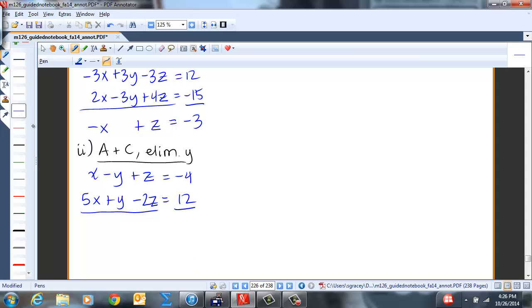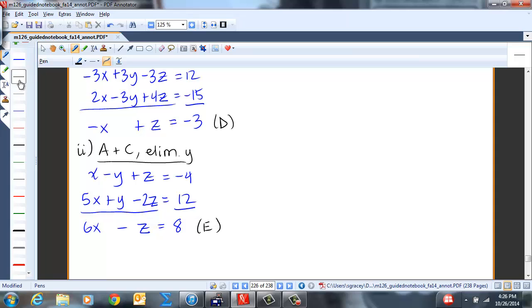So adding, we'll have 6x minus z is equal to 8. And so let's name these new equations D and E, because see, now we have a system of two equations and the same two unknowns.